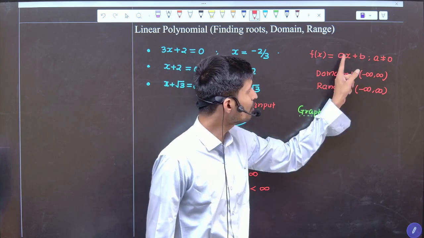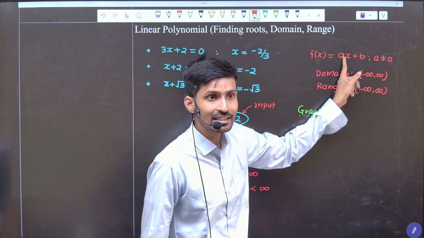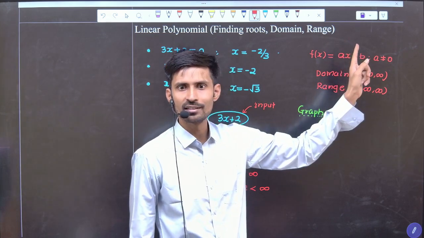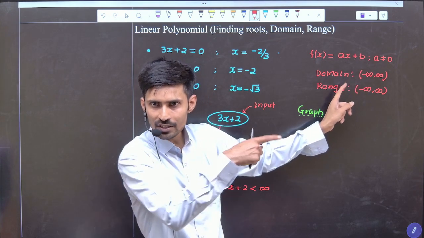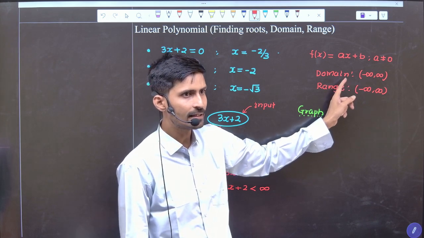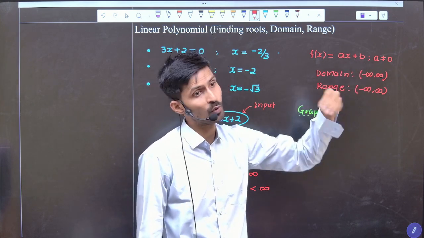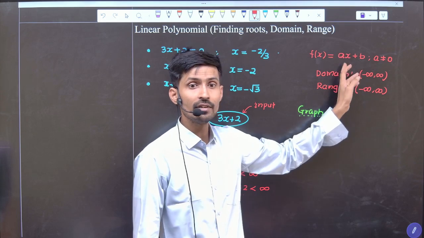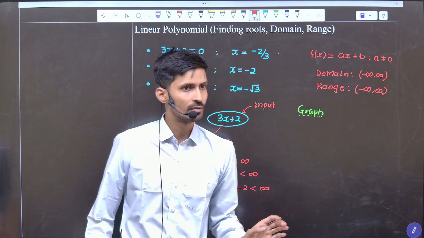This is linear because of x, and x exists because of a. If a becomes 0, x will vanish from the system. That's why a cannot be 0, but b can be any number. a can be any number except 0.